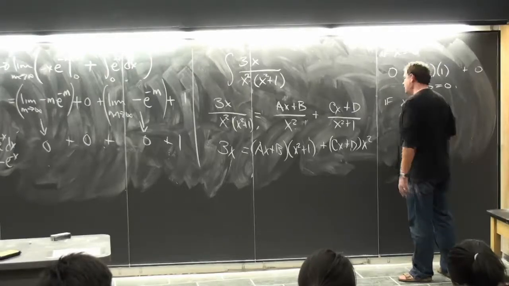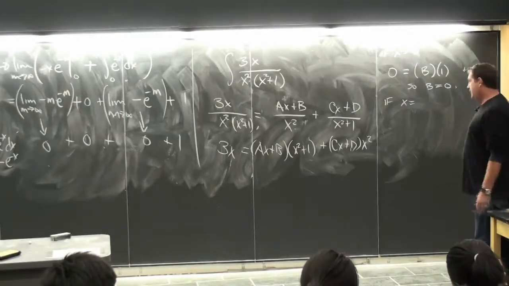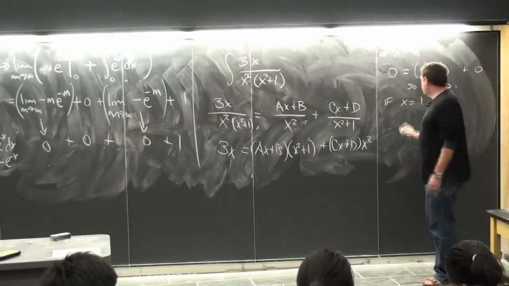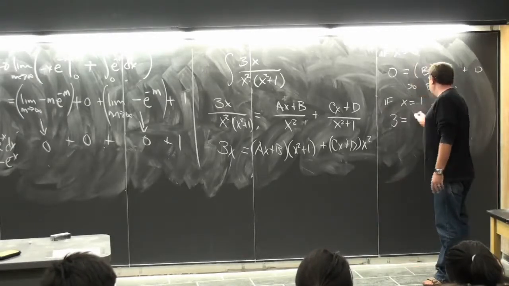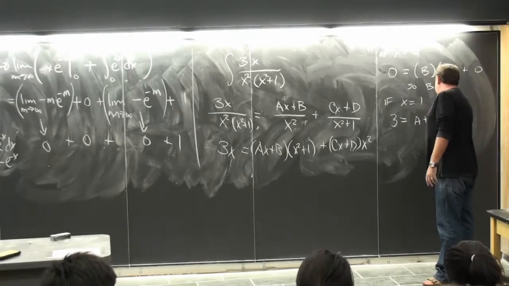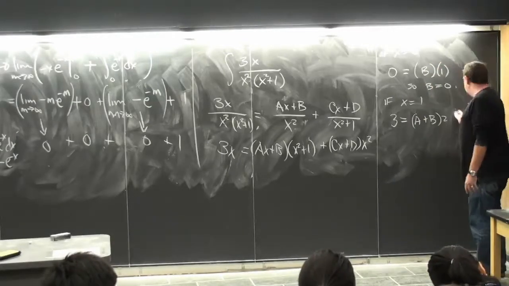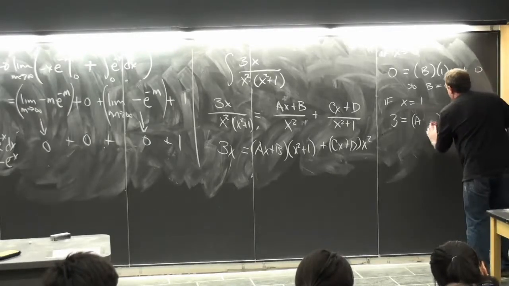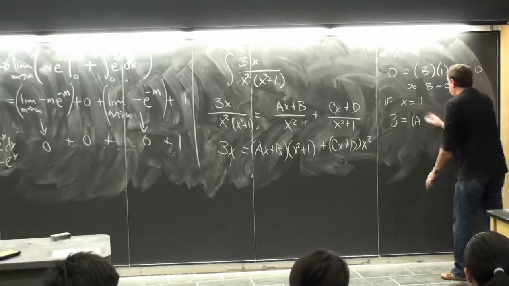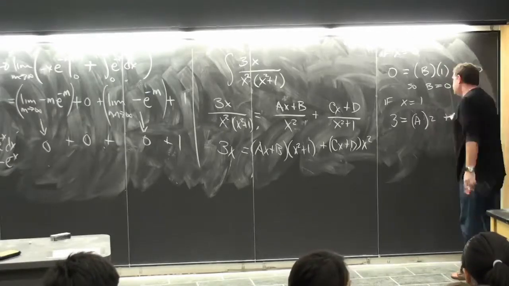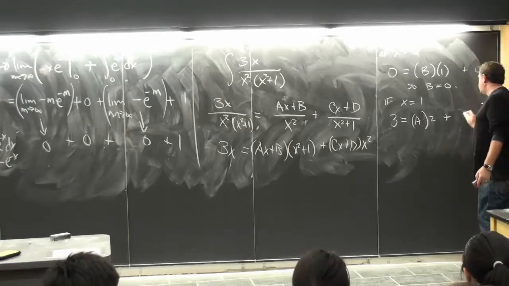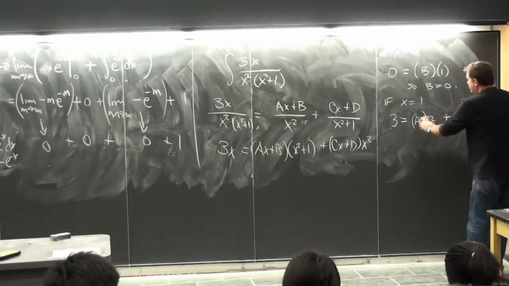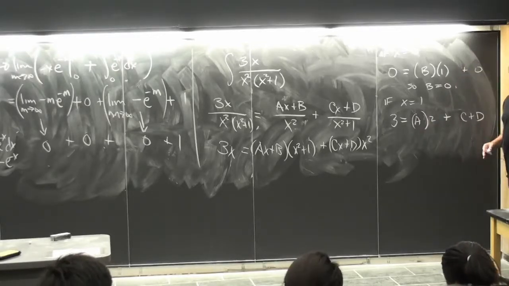If x is, well, it's not obvious what else to pick here. Maybe 1's a good number. If x is 1, I get 3 equals a times 2 plus b, but b is 0, so that's gone, plus, x is 1, so I get c plus d. So I know that 2a plus c plus d is 3.